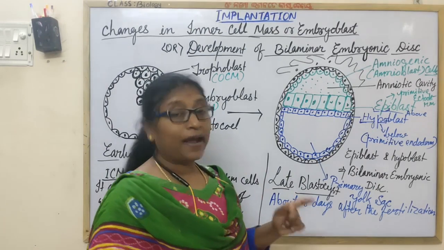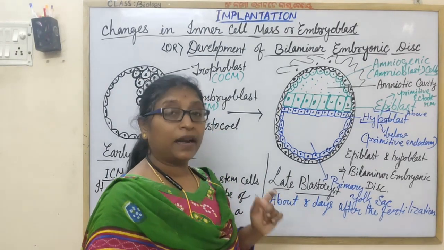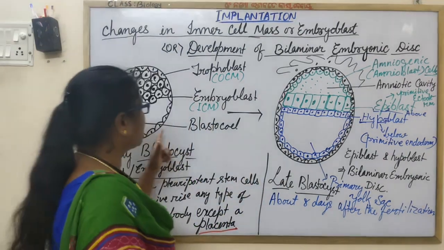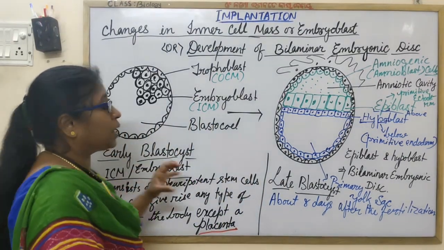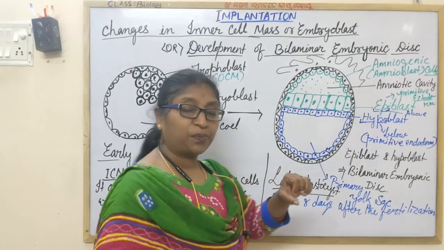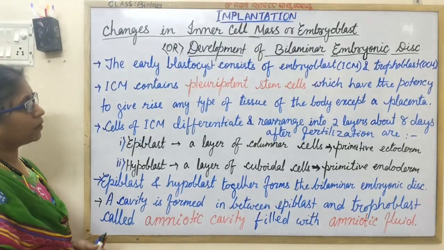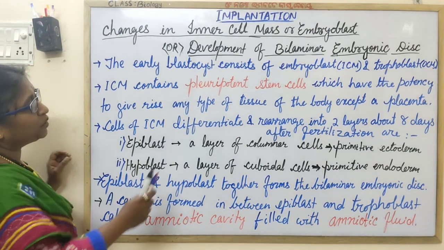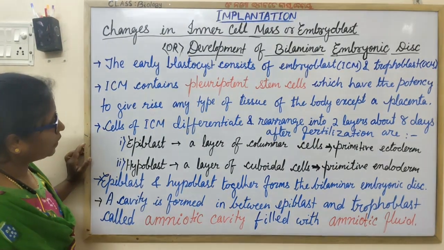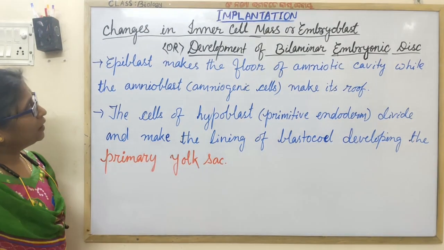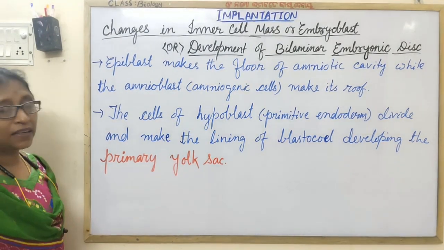As the 32-cell morula enters into the uterine cavity, it is transformed to a blastocyst after absorbing the nutritive fluid from the uterine cavity. Okay? Write down these points. Write down all this. Next we will start with gastrulation.